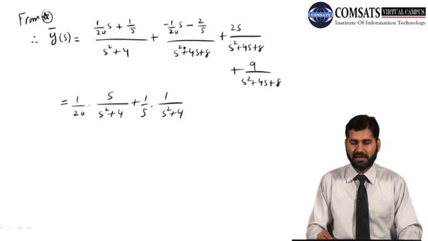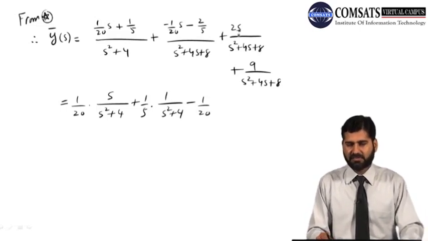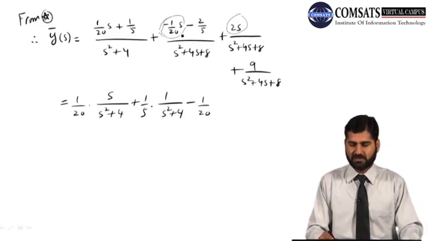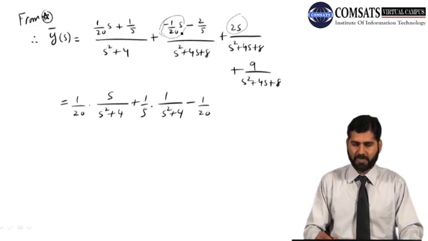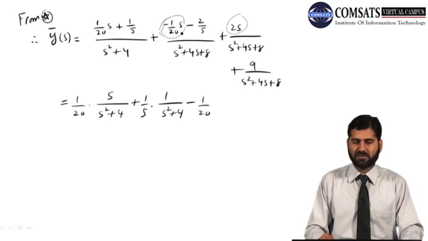That's no problem. Here it is negative 1 by 20 S, and what is this? Plus 2S. How much will that be? See, I can combine this term with this term, right? I can combine these two terms. So minus 1 by 20, 2S minus 1, 2 minus 1 by 20 is what?